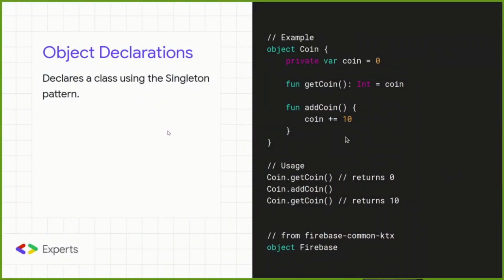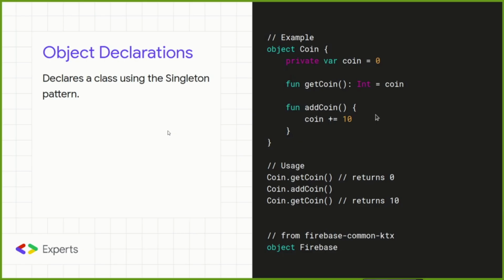So the second feature that we used is called object declarations, which allows us to declare a class using the singleton pattern. The object keyword in Kotlin is widely used. We have object declarations, we have companion objects, and there's also the object expression for using interfaces.